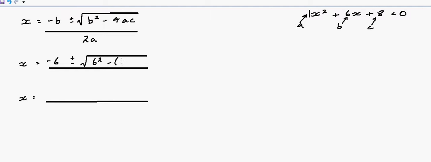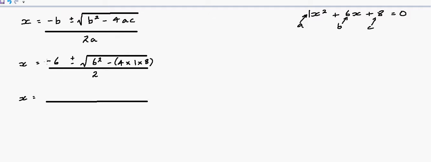So this is 4, and 4AC is 4 times A times C. So that's 4 times A, which is 1, times C, which is 8. Okay, and that's over 2A. So A is 1. So if I've got 2A, that's 2 lots of 1, which is 2.